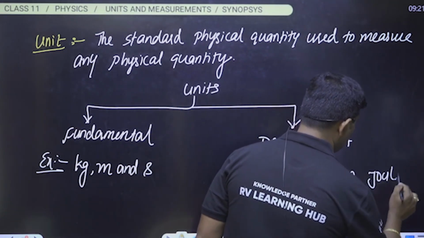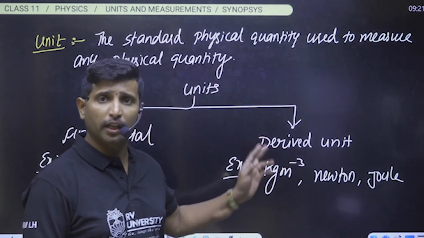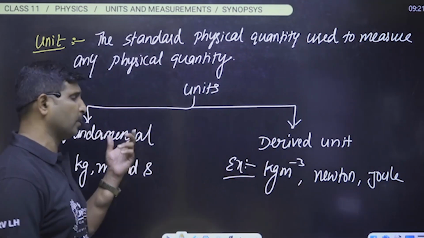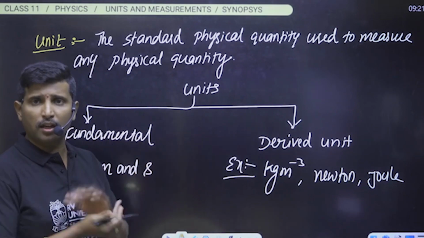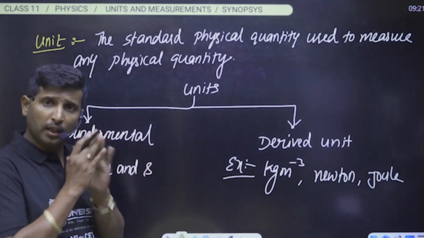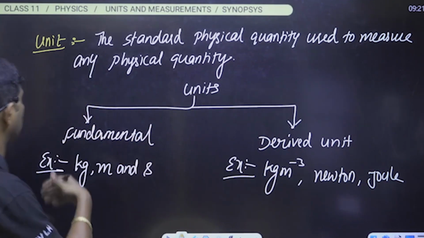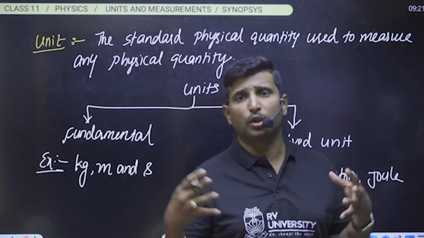Similarly, joule is a unit of work, which can be derived again from the fundamental units. What is the fundamental here? Fundamental units are the units which are independent, which do not depend on any other physical units.